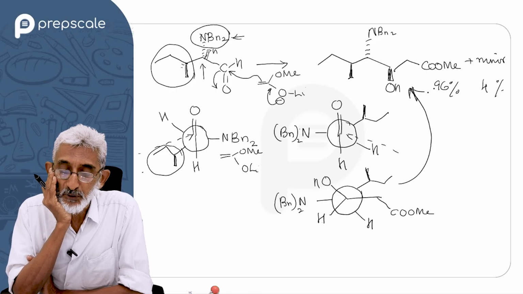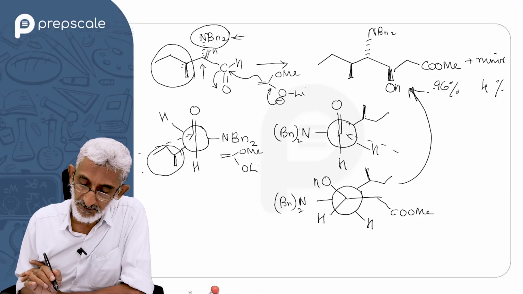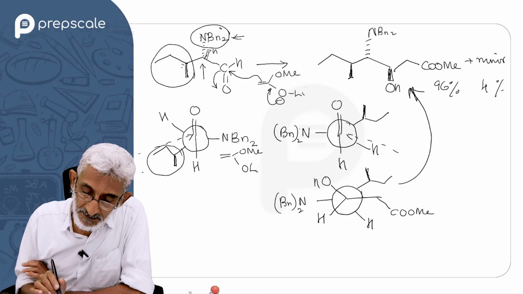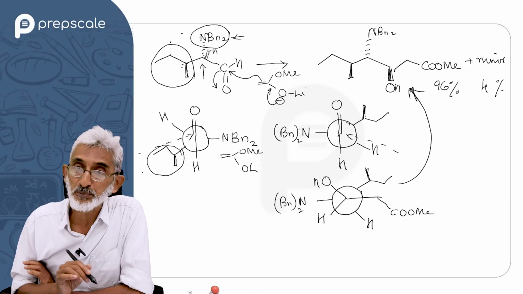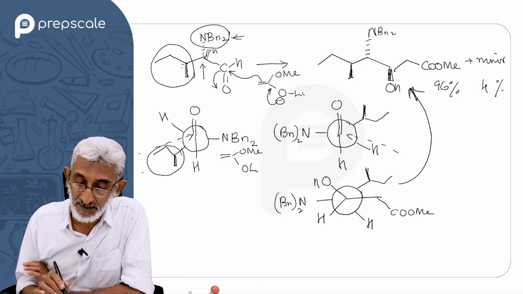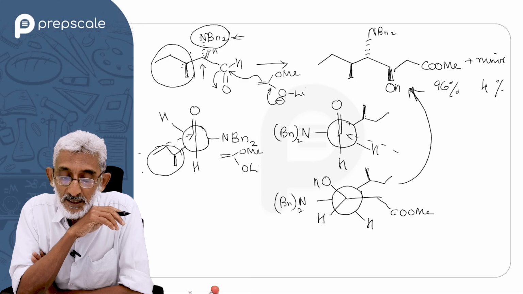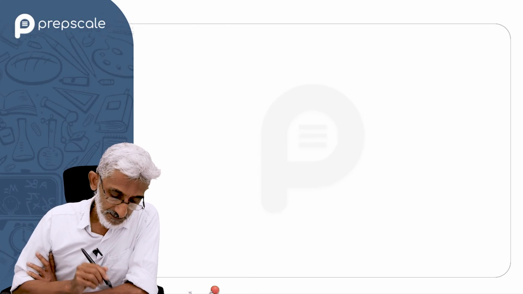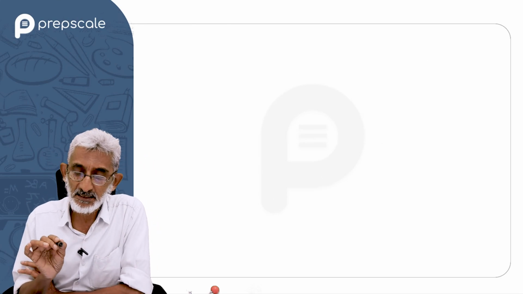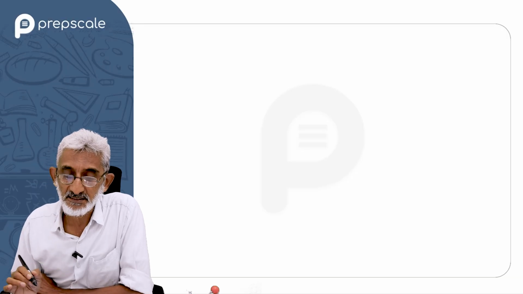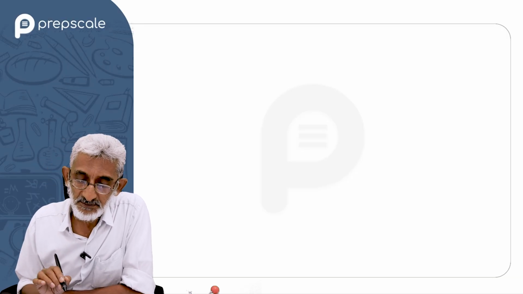Now the question is, why so much of high stereoselectivity when you have an electron withdrawing group like this, an electronegative atom attached to the next chiral atom? Why does this happen? The reasoning is a simple one.